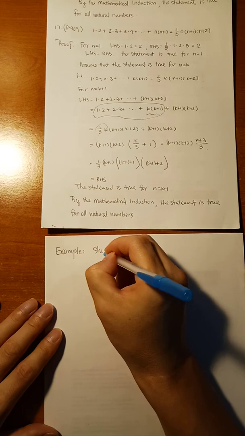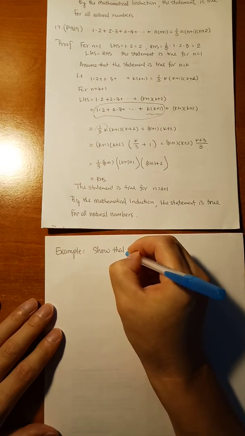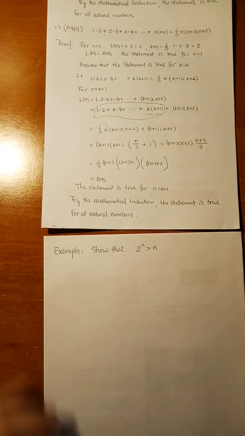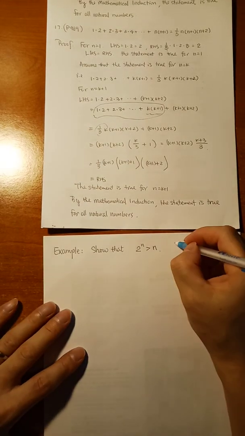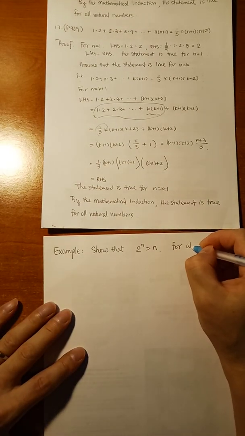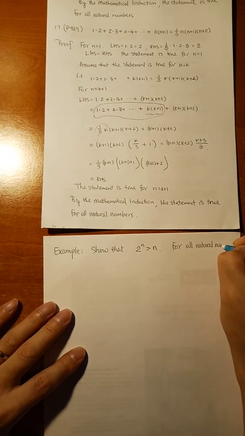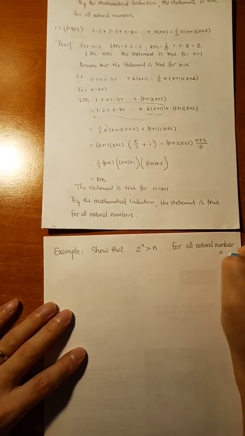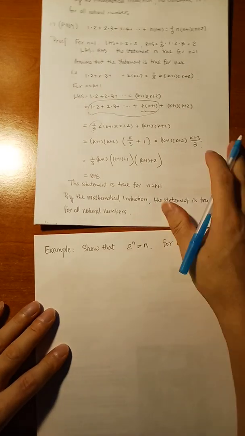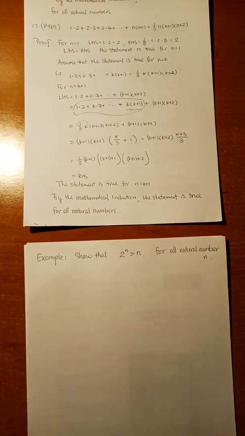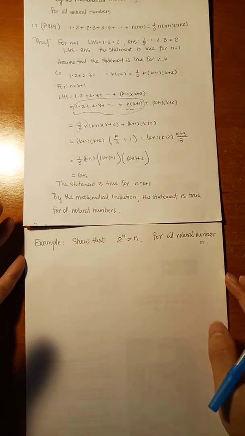Show that 2 to n is greater than n for all natural numbers n. Okay, so we're going to use mathematical induction to show this inequality, because this inequality also involves the natural numbers.